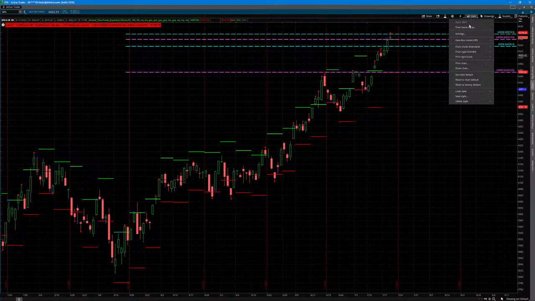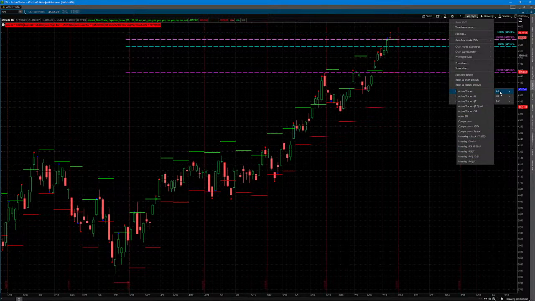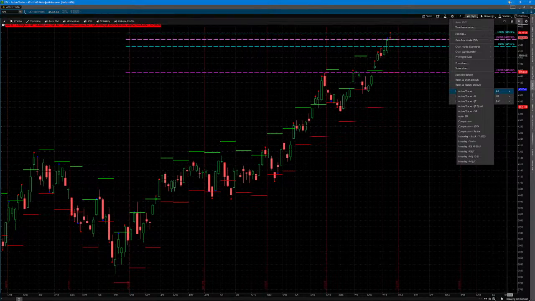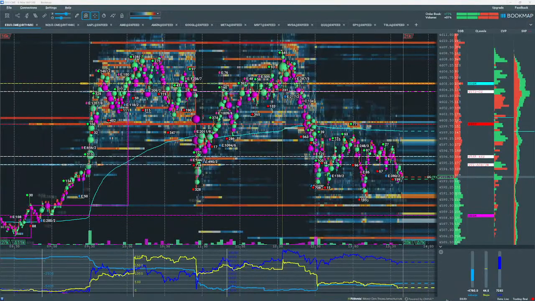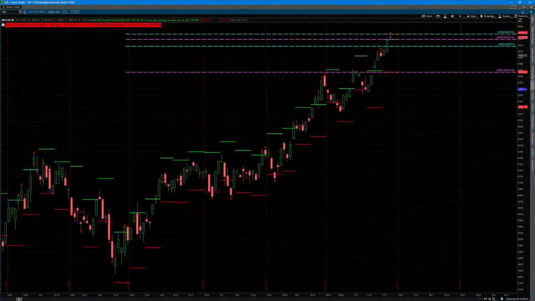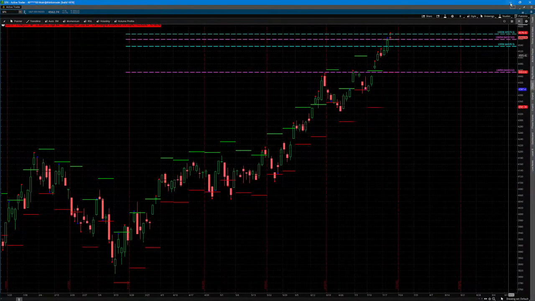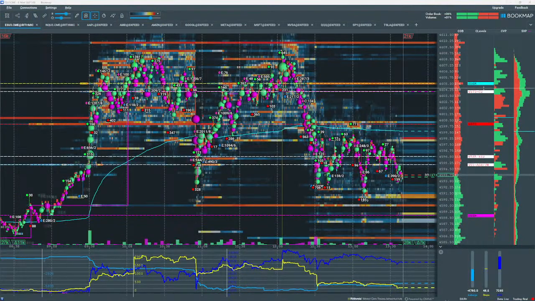I may not be able to get it back to where it was. I don't remember the style that I had before. All right, so we're going to have to skip that for some reason. Same thing, I don't know why. Sometimes, so that's a thinkorswim issue. Anyway, we'll just stick with this chart, the Bookmap chart.